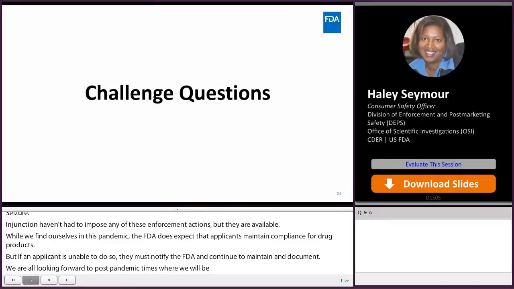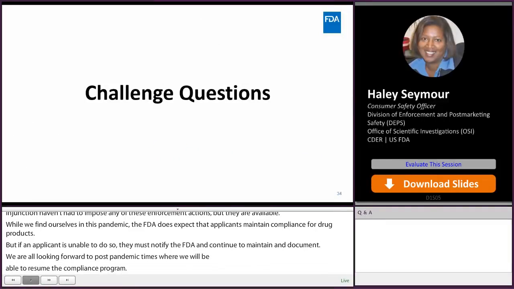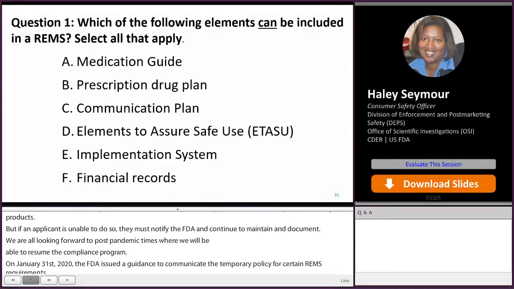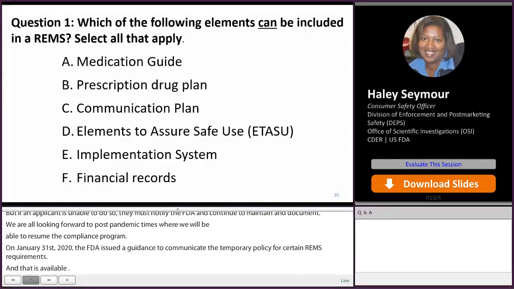Okay, so now I am going to ask you a few questions regarding what we discussed earlier about the REMS program. The first question: which of the following elements can be included in a REMS? This question has multiple answers.